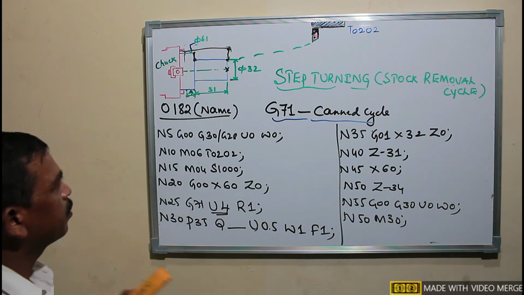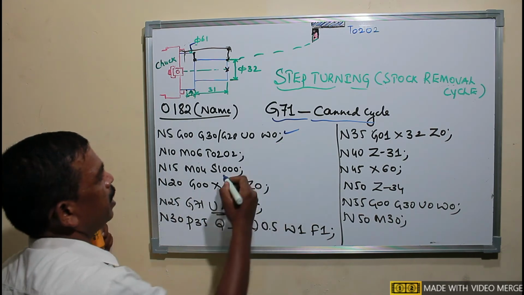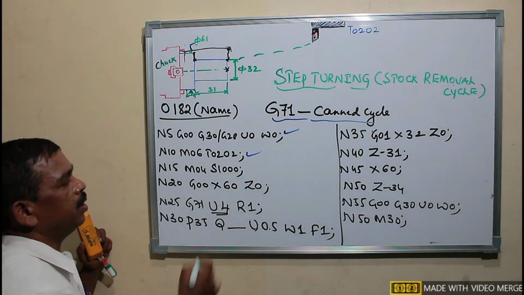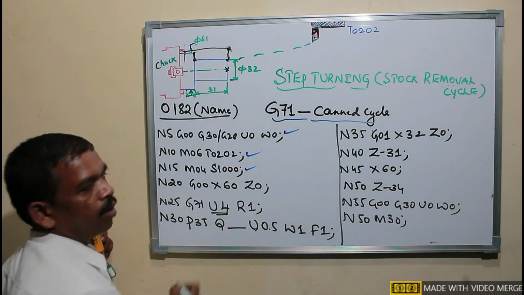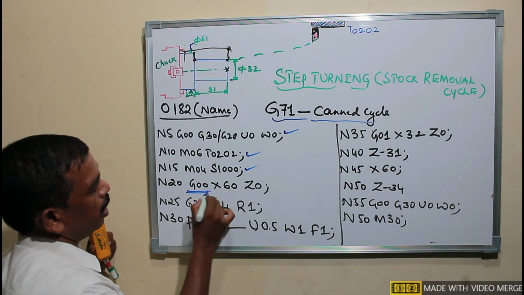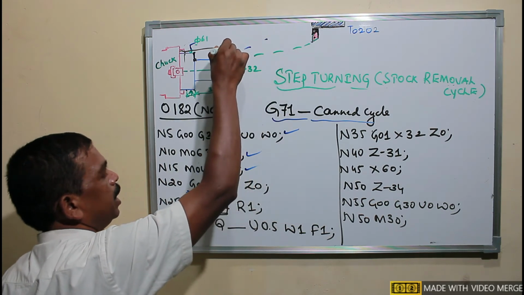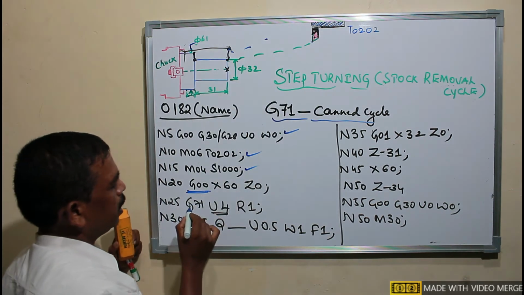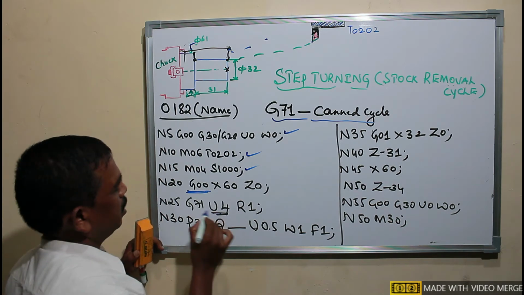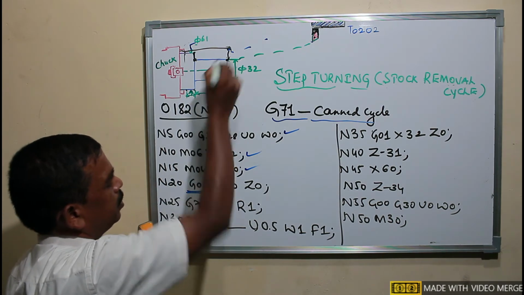See here, this is homing, this is tool changing, and then workpiece rotation, rapid movement. The tool will move rapidly from here to here, and then this number is the contour starting point.